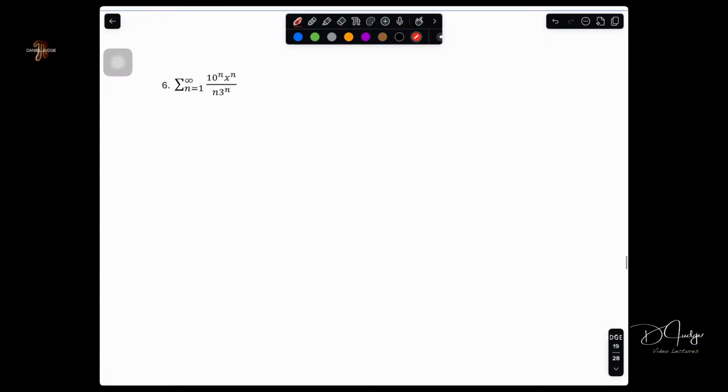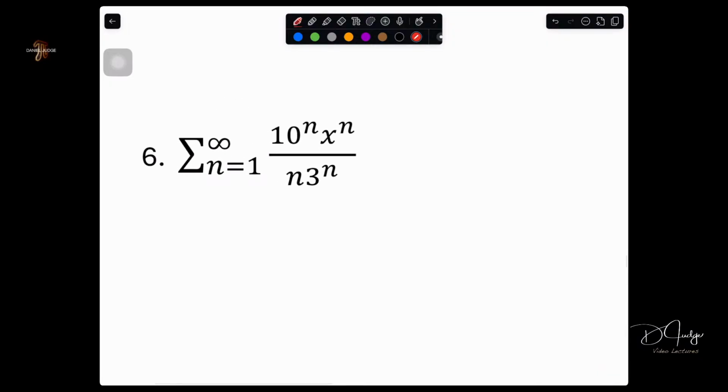Now, number 6 is almost a root test. The real issue is right here. This is not n to the n, so we can't use the root test. It's going to be the ratio test again.